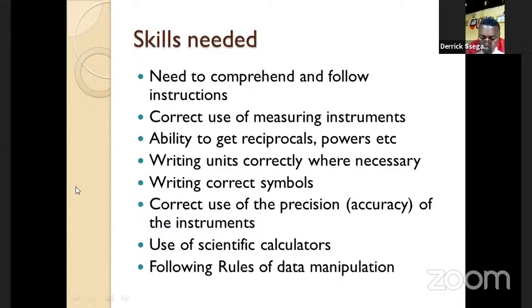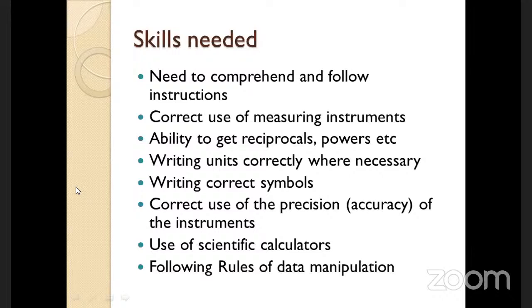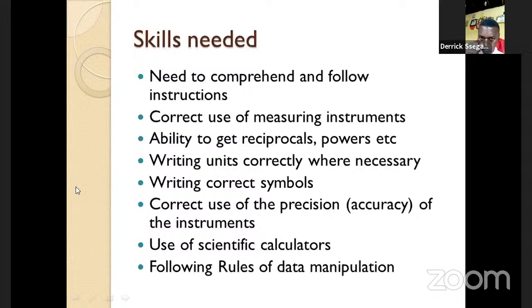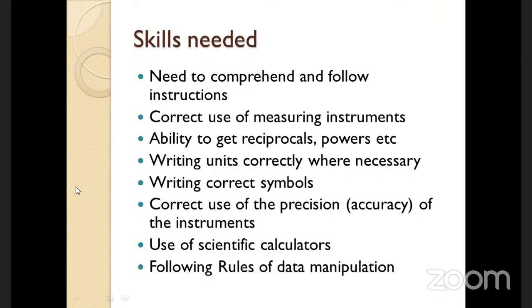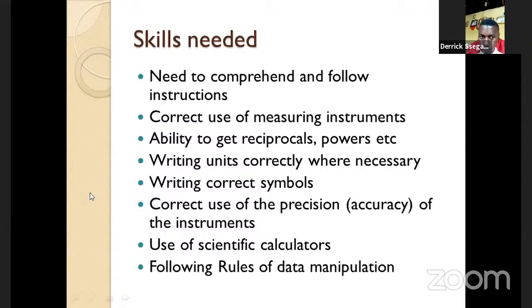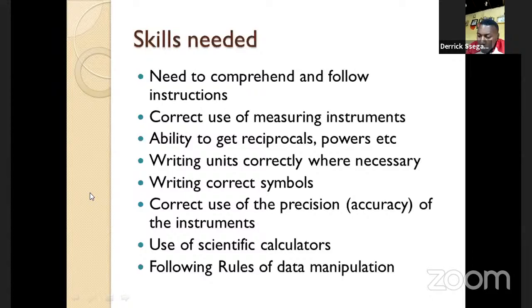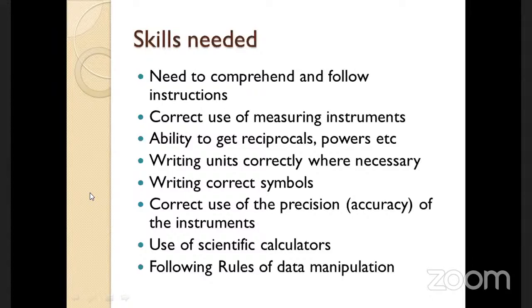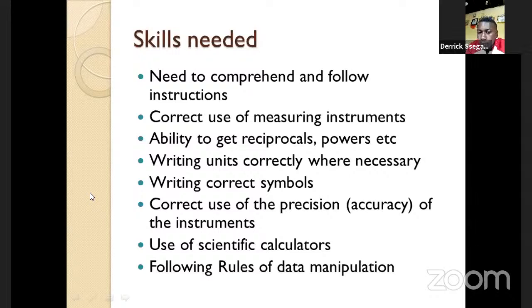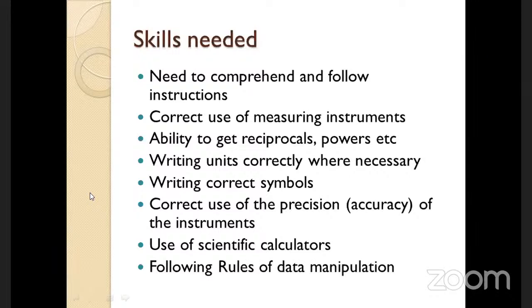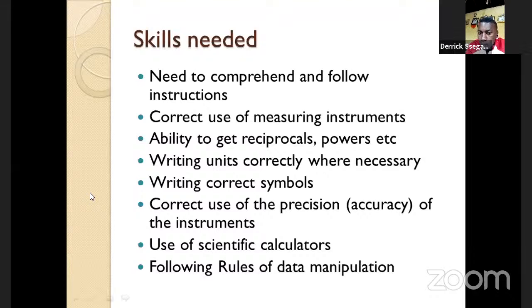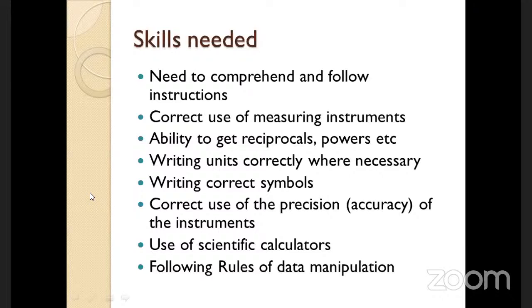And above all, there are more skills that are needed, but don't leave out the skill of following the rules of data manipulation. When you are adding, when you are subtracting, when you are dividing, or when you are multiplying, these are very important enumerations that we carry out in physics practicals.